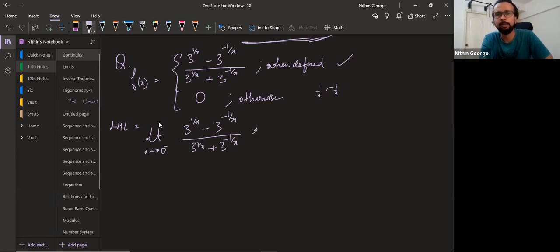Okay, so what are you getting here? When I put x tends to a small negative value, I get 3 power minus infinity minus 3 power infinity divided by 3 power minus infinity plus 3 power infinity. Something like that is what I get, right?